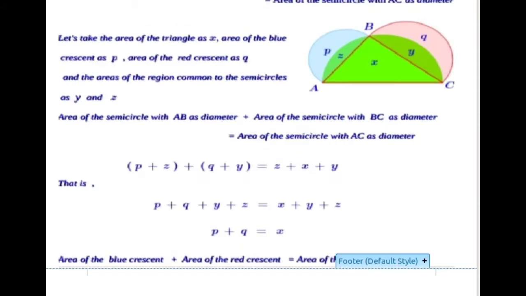But we need to prove that the area of the triangle is equal to the area of the blue crescent and the area of the red crescent. Then how do we come to that?